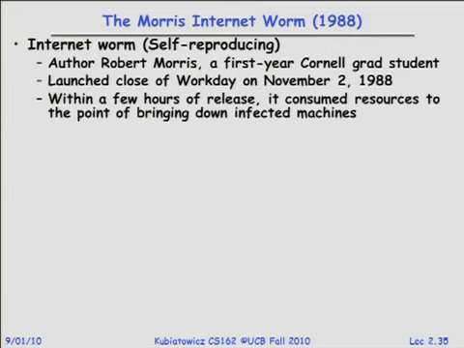There was a whole bunch of ways of getting in. They would look at local files where people kept their passwords and use that to get in. There were some bugs in the finger daemon. There was a debug command that they could use to break in. There was a way to break in with sendmail. Oh, excuse me. The finger attack was actually a stack overflow bug. The sendmail attack was a debug command.